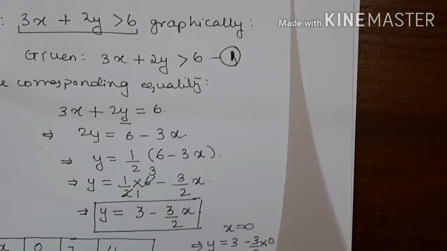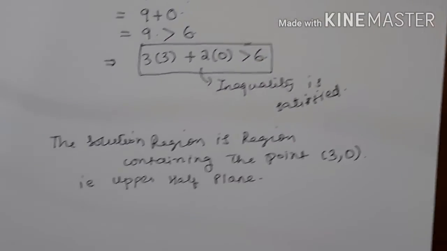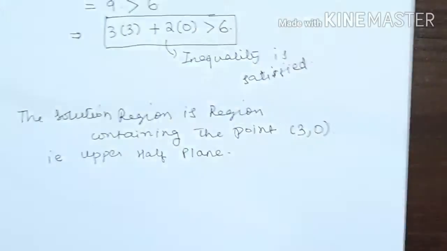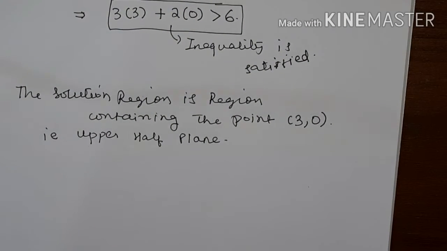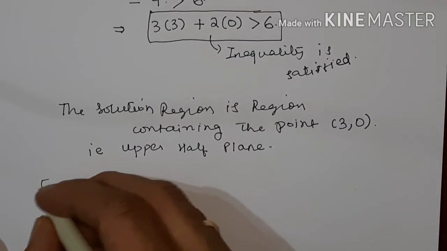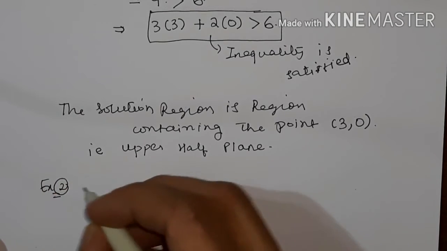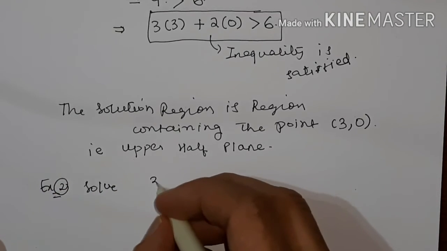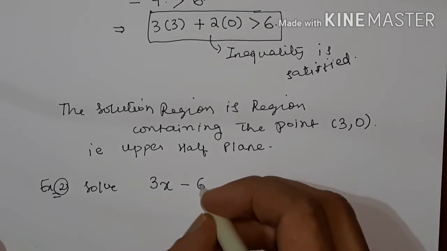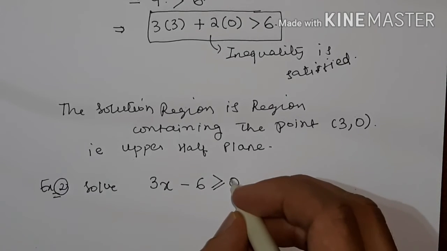Now let us look at the second problem, which is the solved example in the textbook. So that is, solve 3x minus 6 greater than or equal to 0.